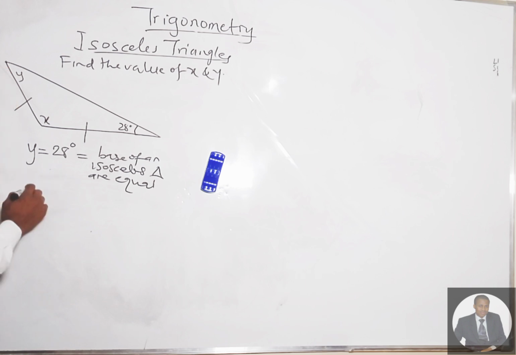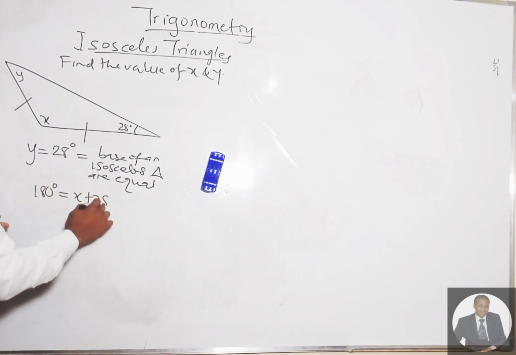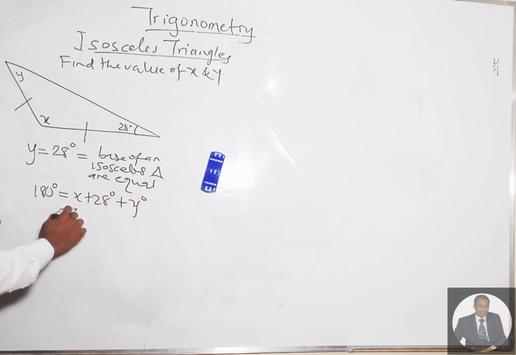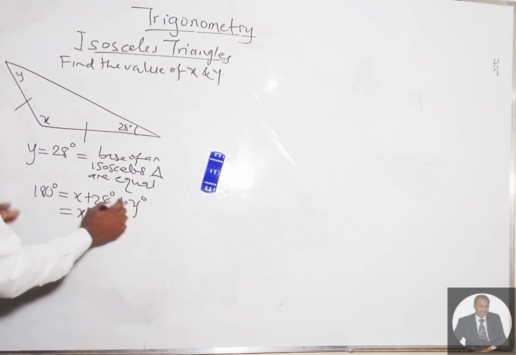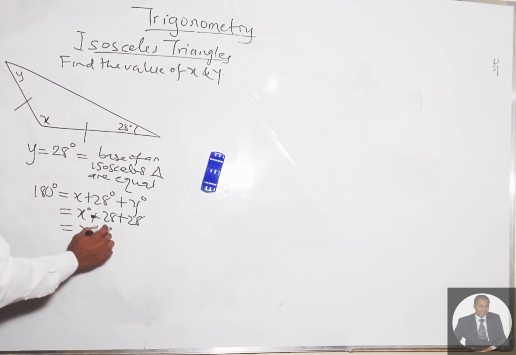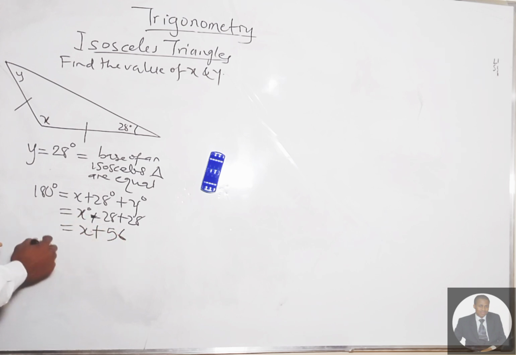How do we find x? 180 degrees equals x plus 28 degrees plus y degrees. So x plus 28 degrees, and y is also 28, so that is 56 degrees.